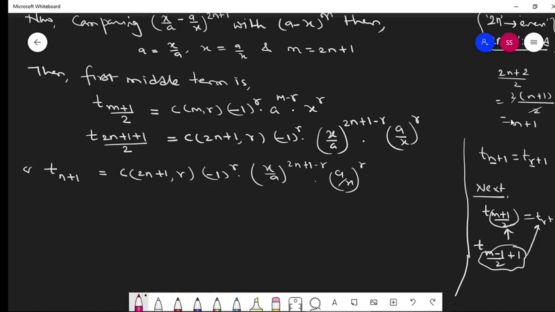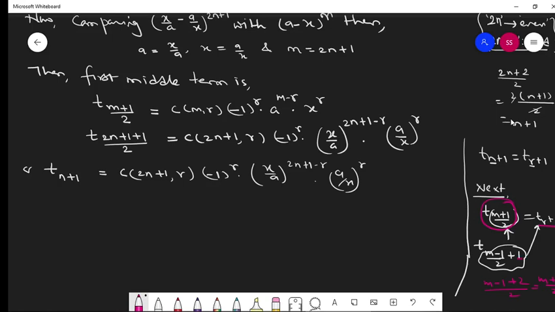Because while simplifying, (m-1+2)/2 gives (m+1)/2. So t((m+1)/2) or t((n+1)/2) can be written as t(((m-1)/2)+1). It gives the t(r+1) form, where r is (m-1)/2 and 1 itself is 1.